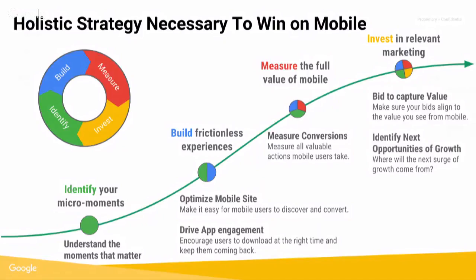And what are the moments that really bring value to the business? The second step is how you can help clients build a frictionless experience to avoid, for example, a high amount of drop-off between each step of the funnel. You want to make sure that you optimize both the mobile site and the mobile application to offer the best experience for the end user.